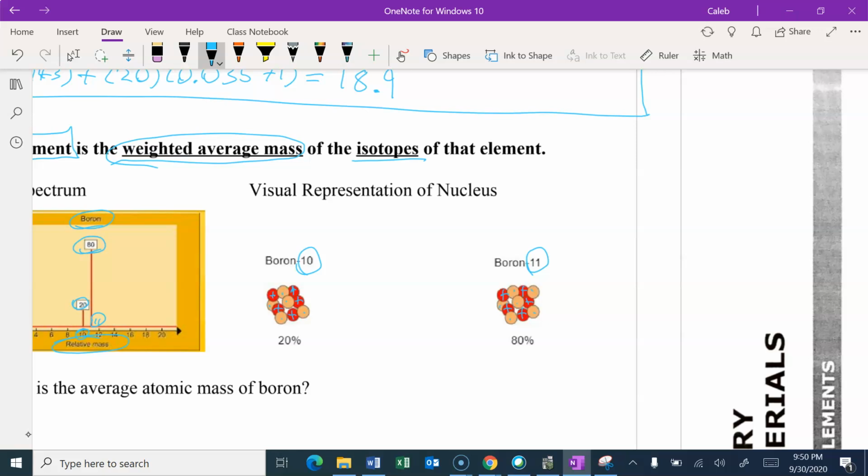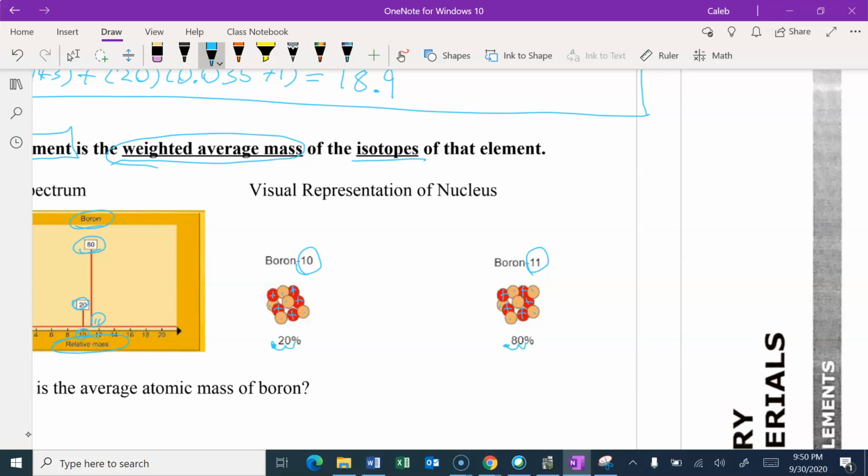And if I wanted to find their average mass, we're going to use the same method we used above. 20% or 0.20 comes from boron 10, and 80% or 0.80 comes from boron 11.